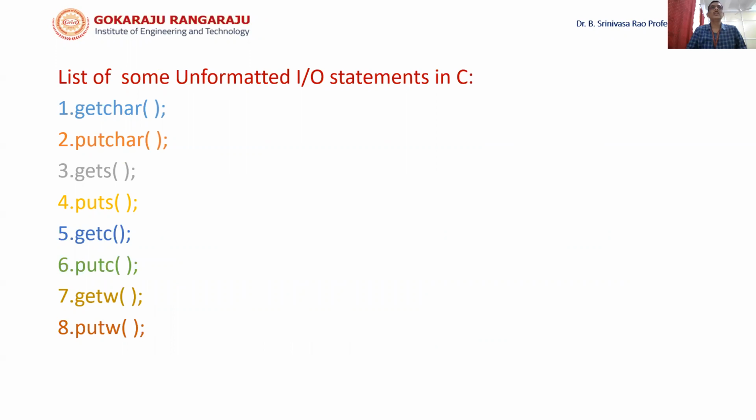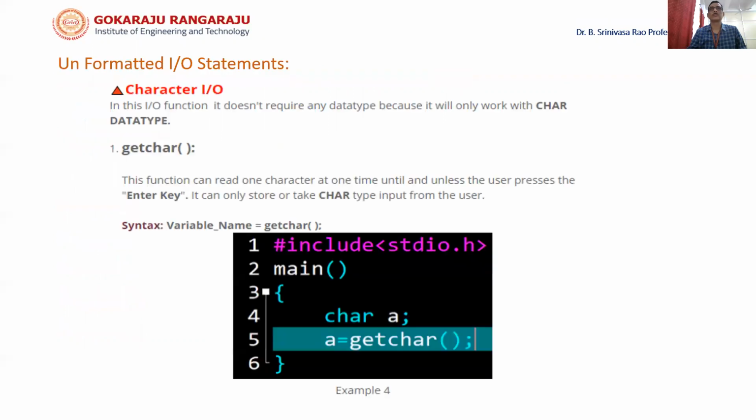This is the list of some unformatted input output statements available in the C library under the stdio.h header file: getchar, putchar, gets, puts, getc, putc, getw, and putw. We try to learn some of these unformatted IO statements which are relevant for us. First, I am talking about character IO.